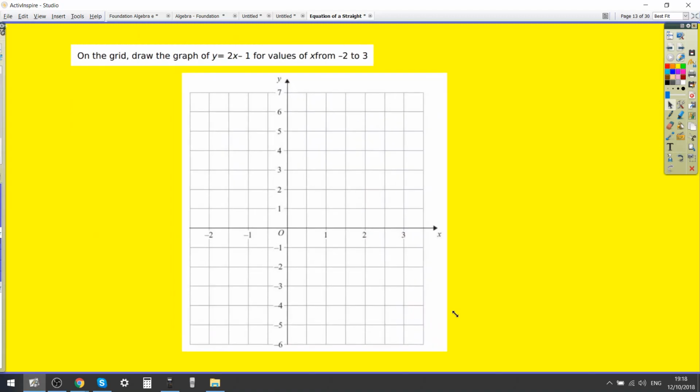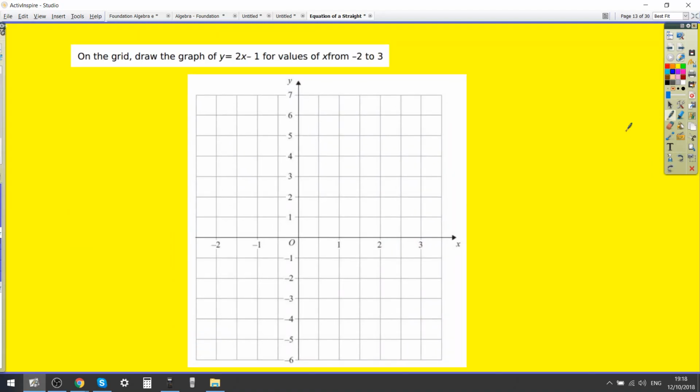I don't necessarily suggest this way, but where will this go through on the y-axis? The line. Yeah. It'll go through the -1. Okay. And for every 1 right, how many up will it go? 2.